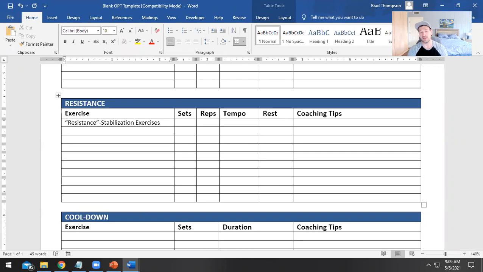So that would maybe be something like a stability ball chest press, or maybe a single leg shoulder press, or maybe a single leg squat touchdown, or maybe a single leg bent over row, something unstable like that.